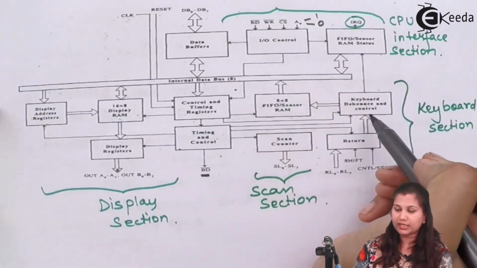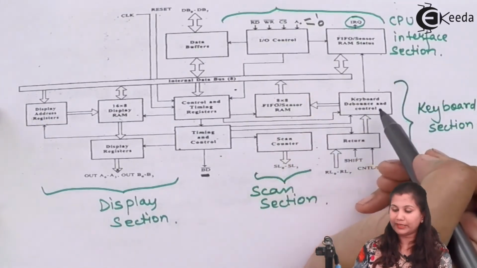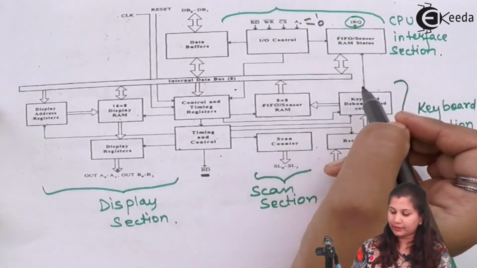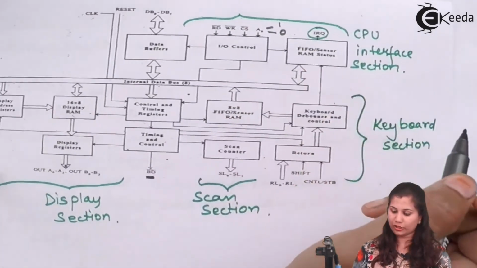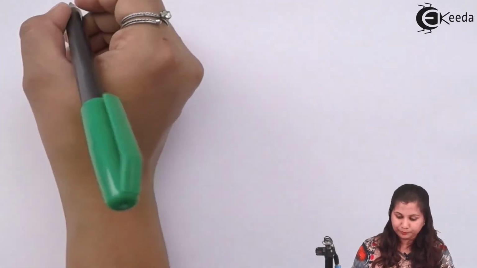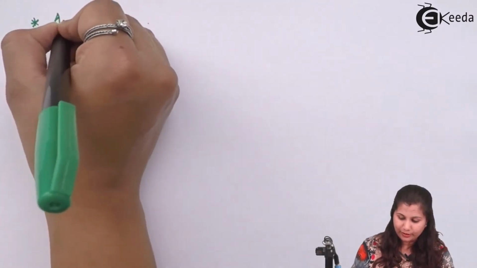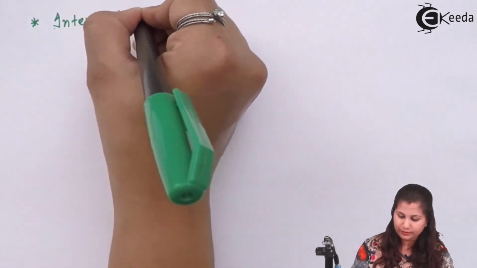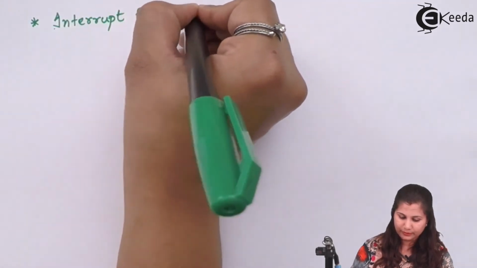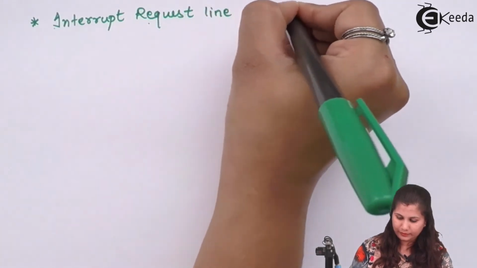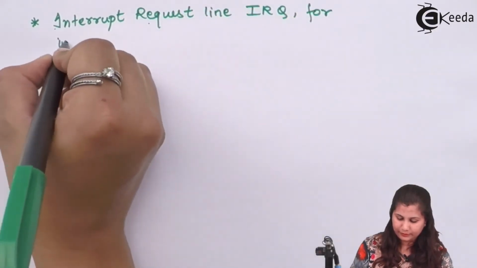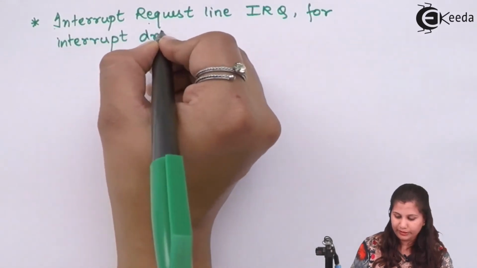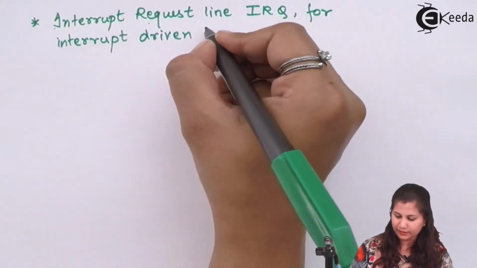Whenever a key is pressed, or a display device is scanned, or a switch is on, this interrupt request signal is generated, for interrupt driven data transfer with the processor.